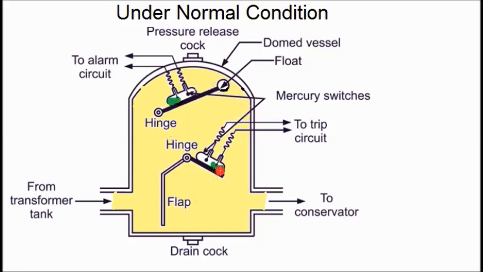The mercury remains on one side, so that these two contacts are not conducting, and no trip signal will be given in the CRP panel. So this is the position of the float and the flap, the two mercury switches. One is for Buchholz alarm and another is for Buchholz trip under normal condition.